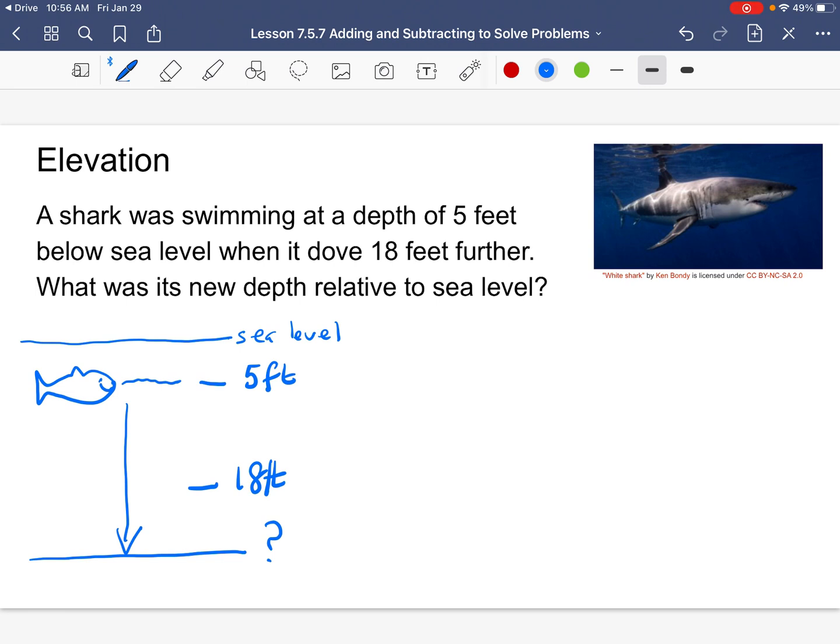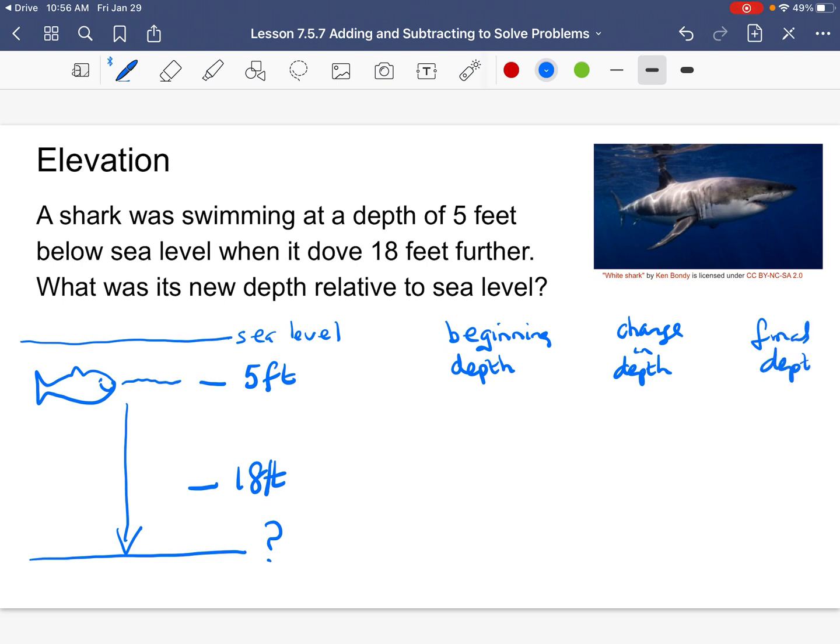So I have the beginning depth below water, the change in depth, and I want to know the final depth.